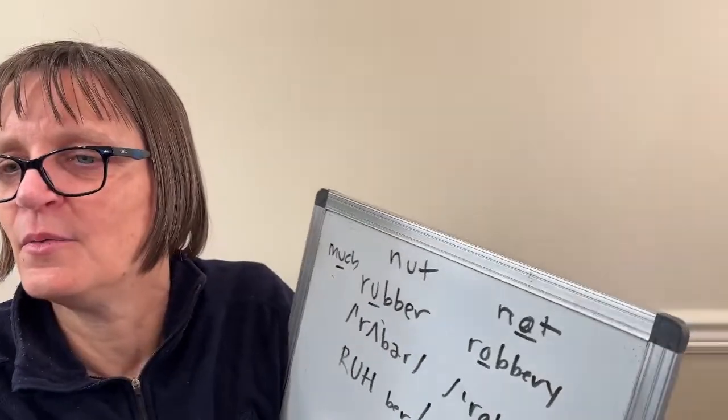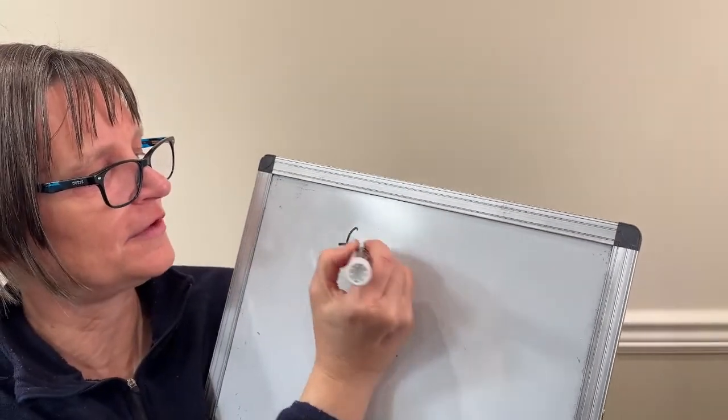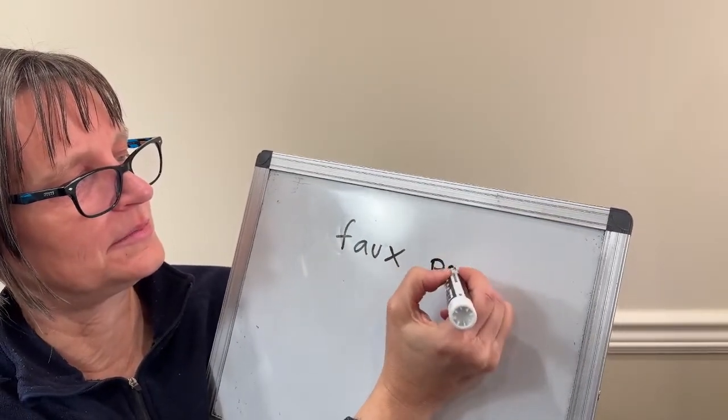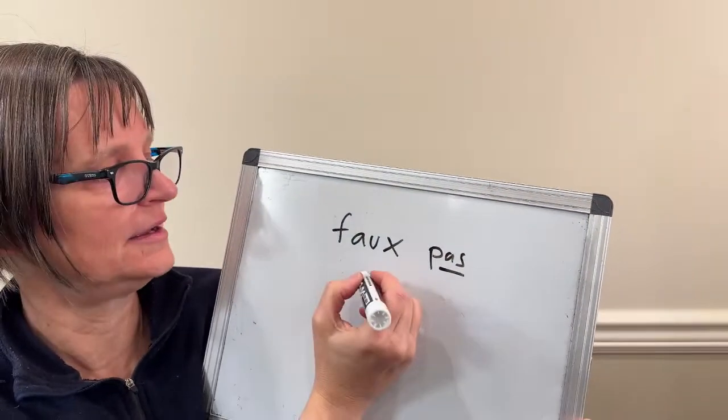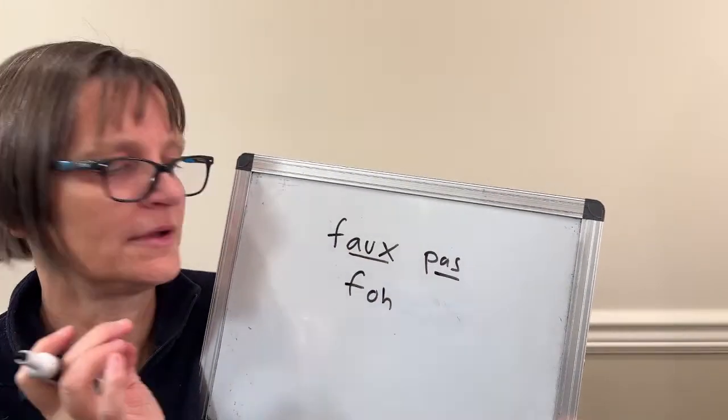Okay, we have a question about the word faux pas and whether we say any sound for the letter X. So this comes from French, and there's no sound for the X. So we stress on pas. It just sounds like faux. These three letters just say O in French.